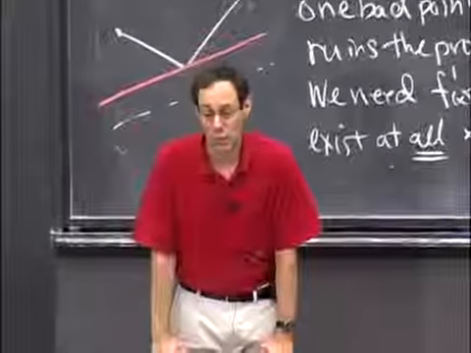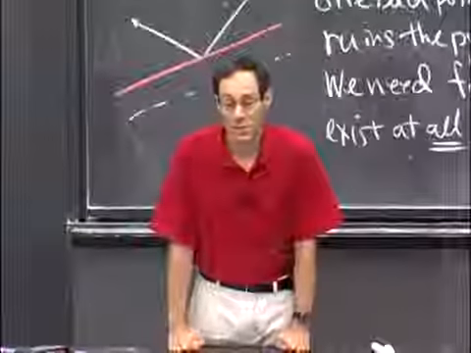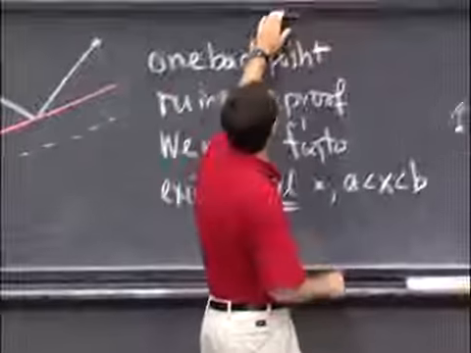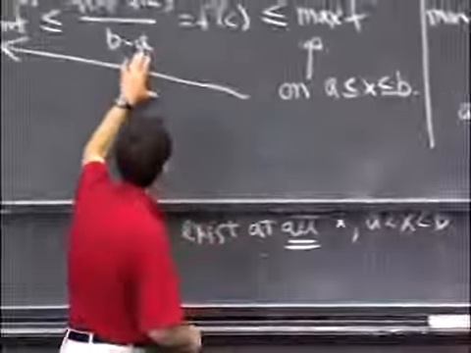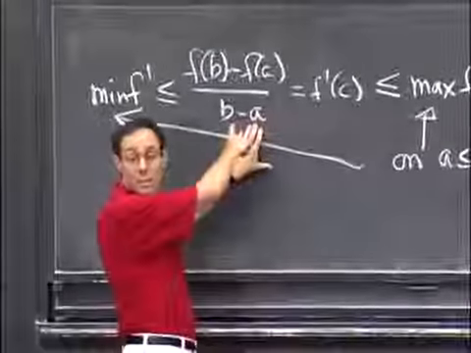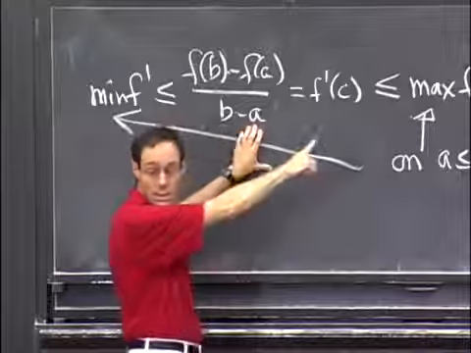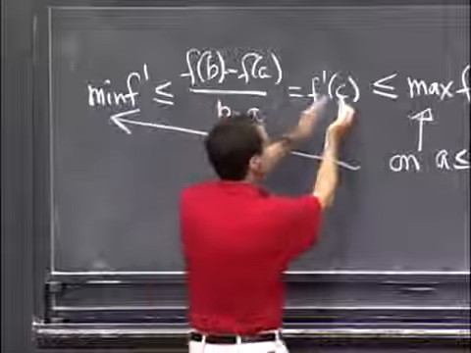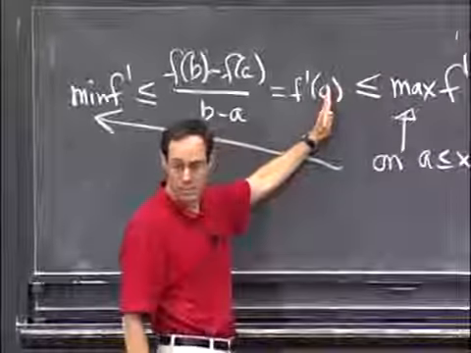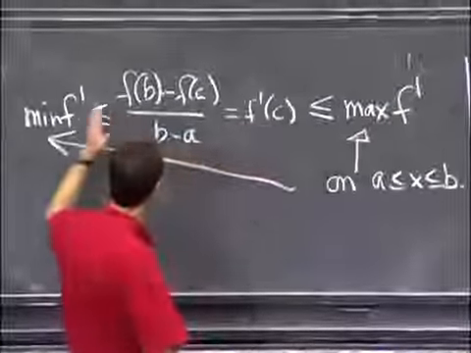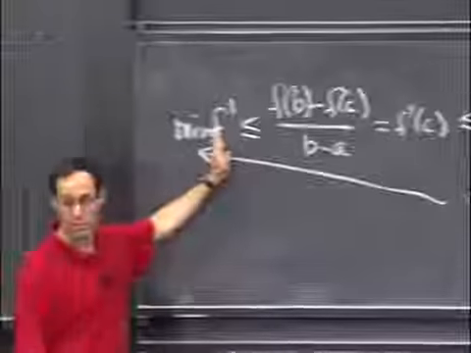You can pick whichever one you want. The mean value theorem just doesn't care, because actually the mean value theorem is never used in real life except in this context here. You can never nail down which c it is. So the only thing you can say is that you're going slower than the maximum speed and faster than the minimum speed.